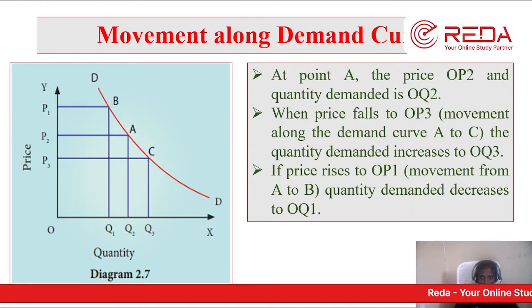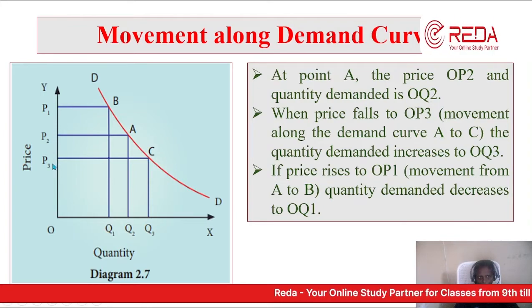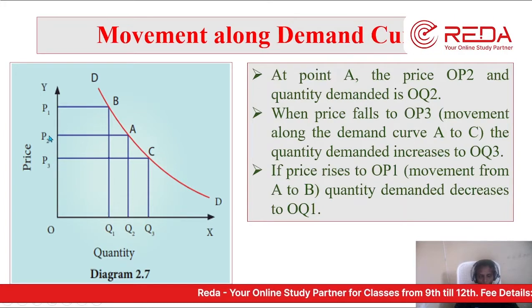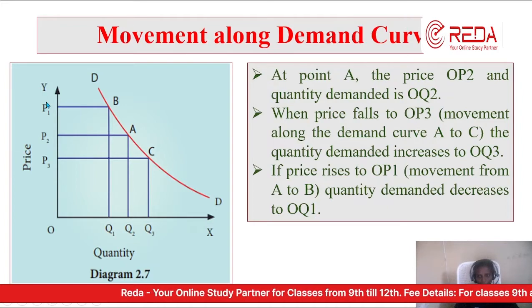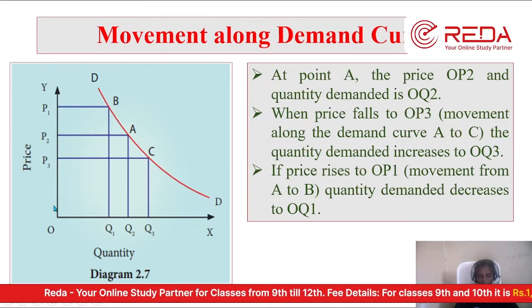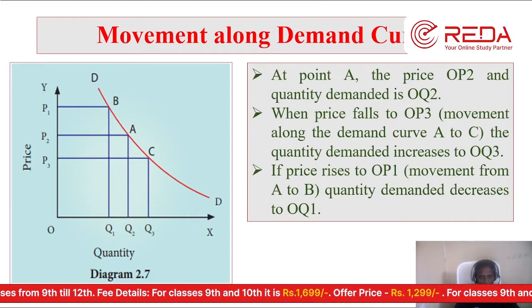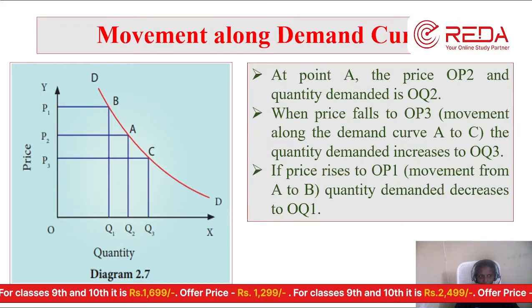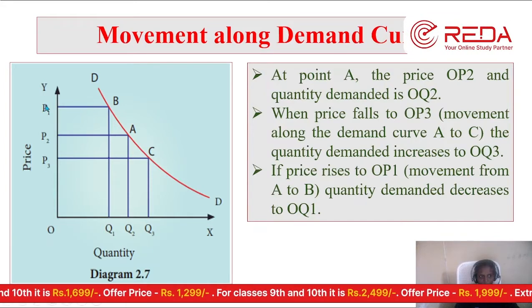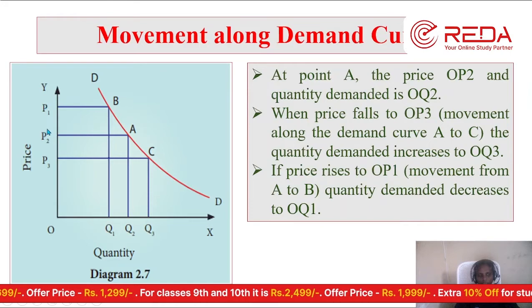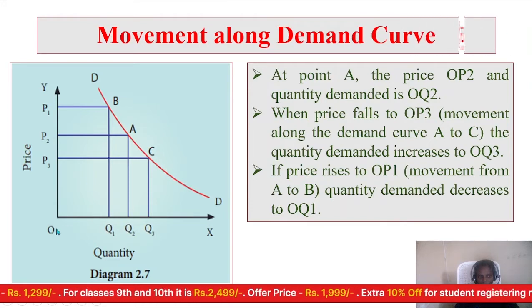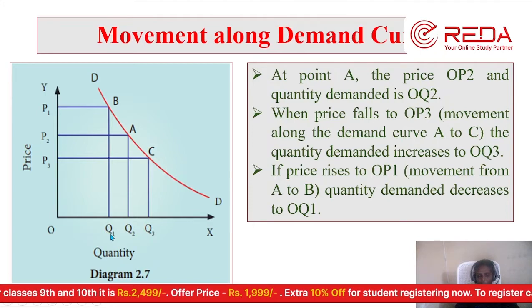There can be another situation also: if the price rises from 0 P2 to P1, what happens? The quantity demanded will be what? We know if the price increases, the demand will decrease. So when the price level is from 0 to P1, the quantity demanded will decrease to 0 Q1 level.